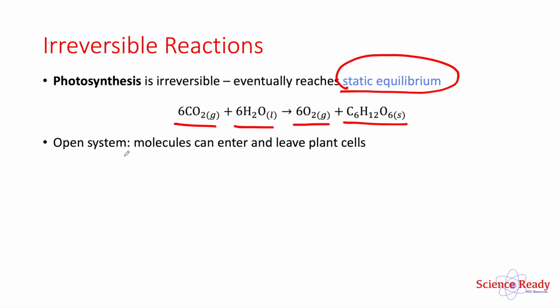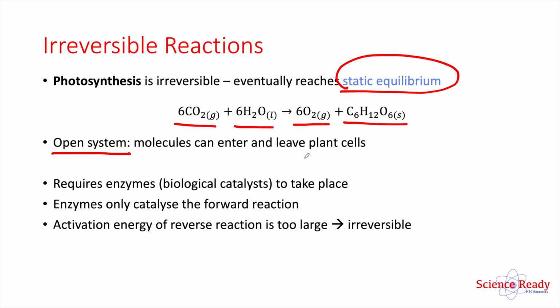The first reason why photosynthesis is an irreversible reaction is because it occurs in an open system, whereby molecules, that is matter, can enter and leave the cells in plants. And remember, a reversible reaction requires a closed system. The second reason is far more important, and that is photosynthesis requires enzymes, which are biological catalysts.